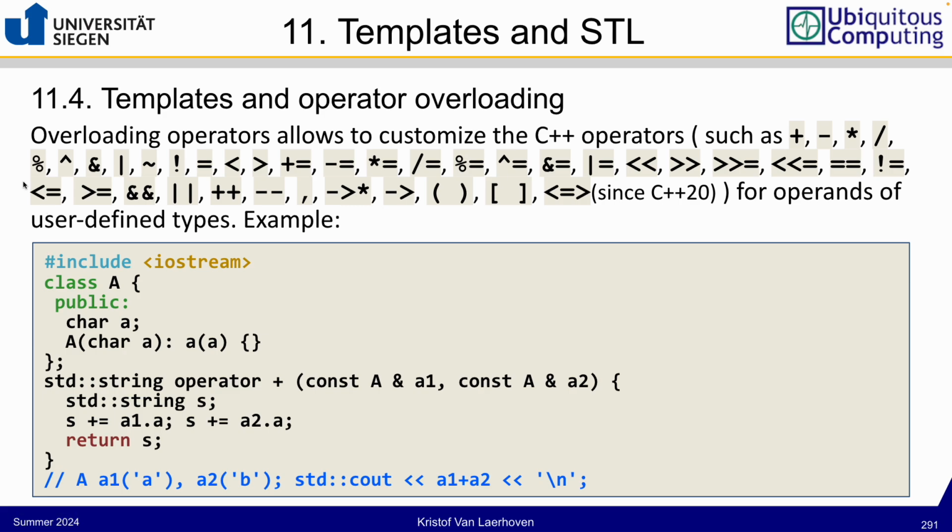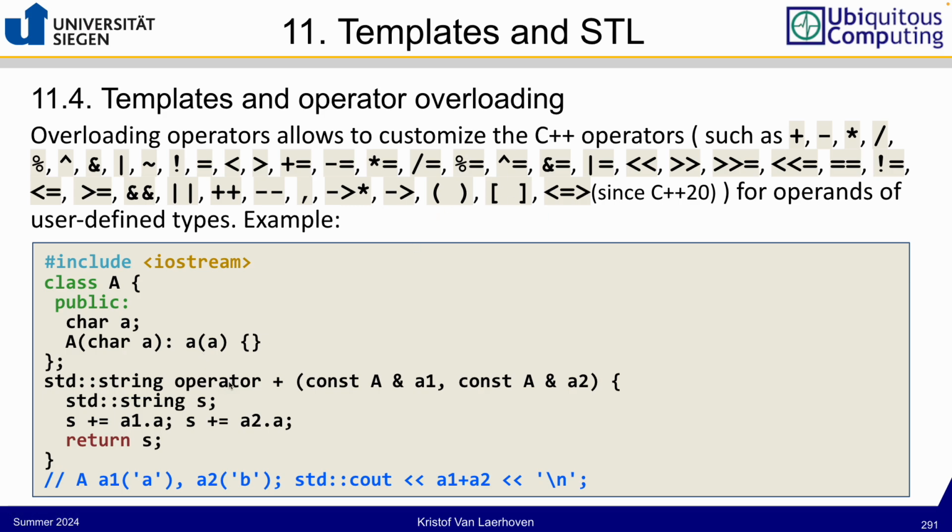That means any operator that we know, so plus, minus, and all the things we've seen, including our spatial operator, all are overloadable. So depending on the data type of the parameters that you give to this operator, you can also define yourself what this operator does by just redefining this using the operator keyword.